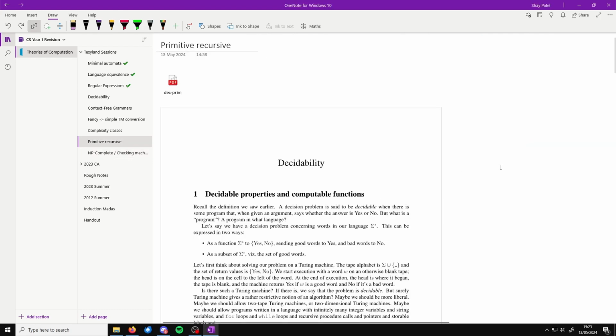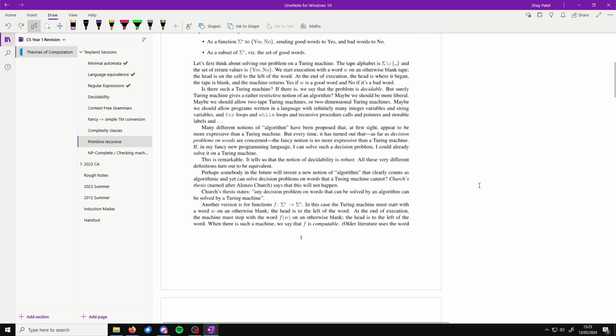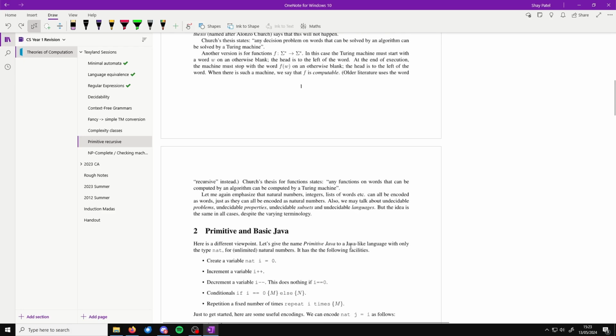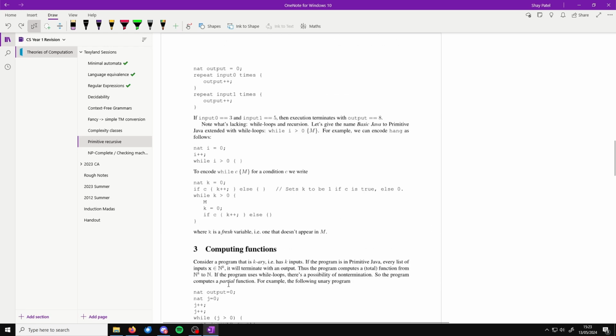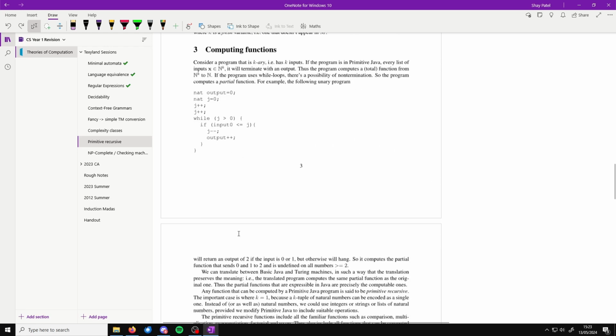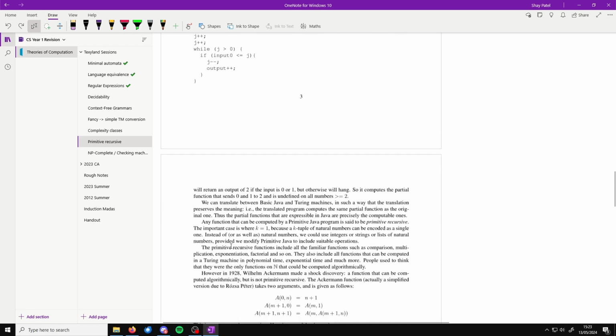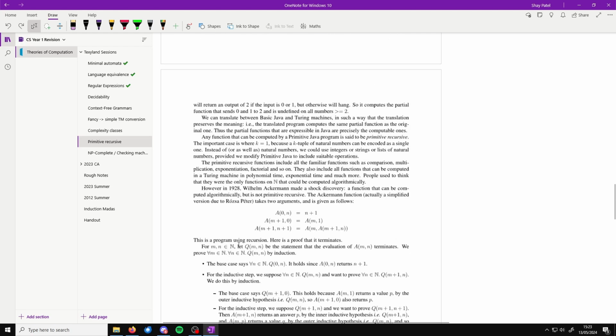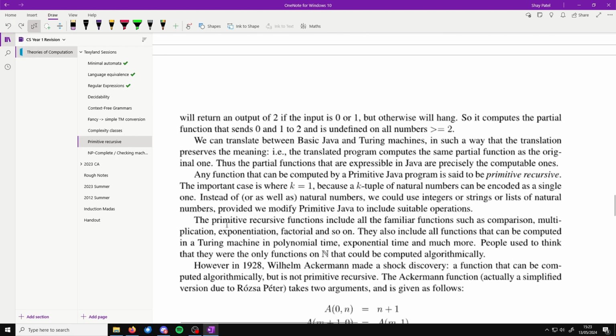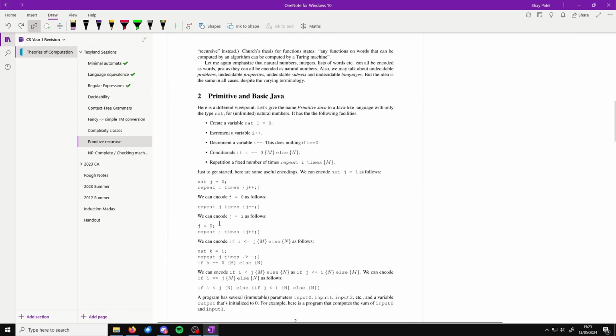Okay, primitive recursive functions. So any function that can be computed by a primitive Java program is said to be primitive recursive. And so the idea is primitive Java limits us to these sort of instructions.